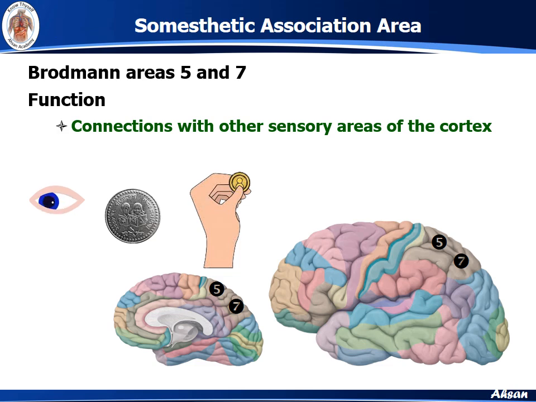Whenever we feel it the first time, the memory of the three-dimensional feeling and also the sensation of the touch is preserved in the somesthetic association area. So whenever a second time somebody gets that same thing in the hand, that stimulation matches this information with the past experience and can identify it without any direct vision.